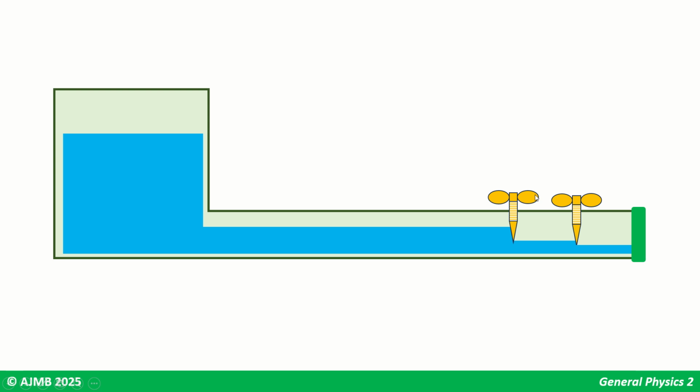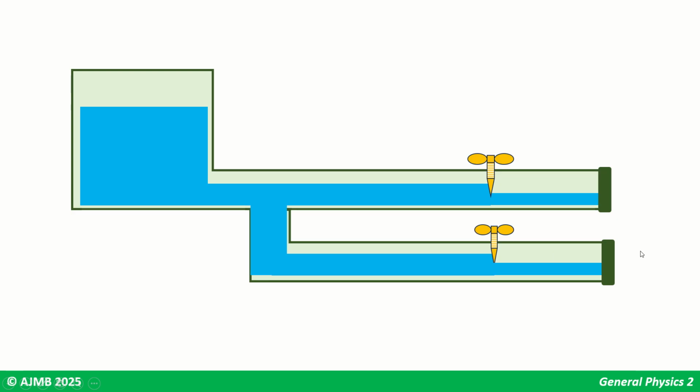Towards the end of the pipe, we have two water valves that are reducing the area of passage of the water. They are placed in series next to each other, and we can see that because they are present towards the end, a very small amount of water is able to get out of the pipe.